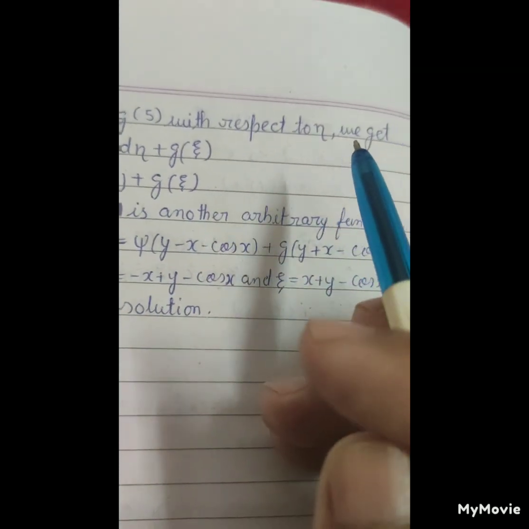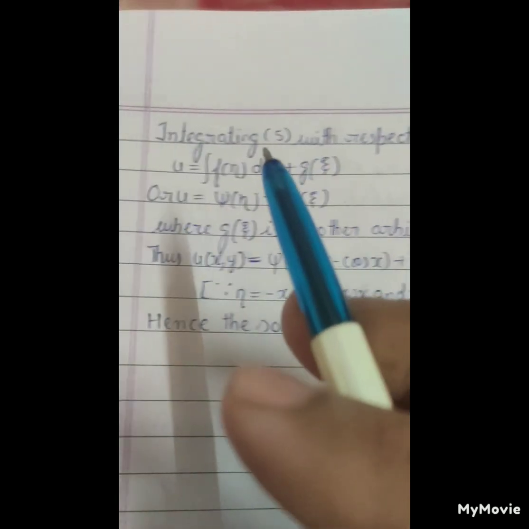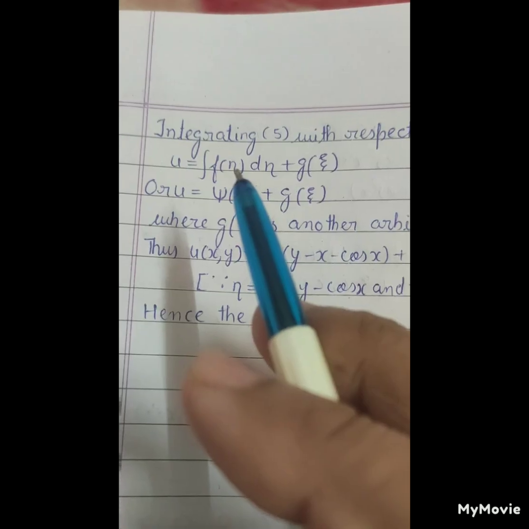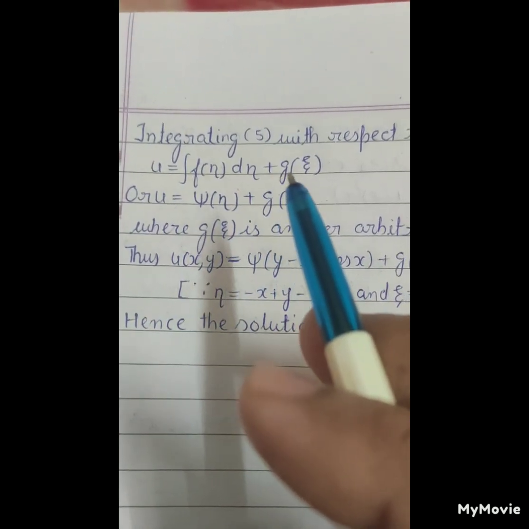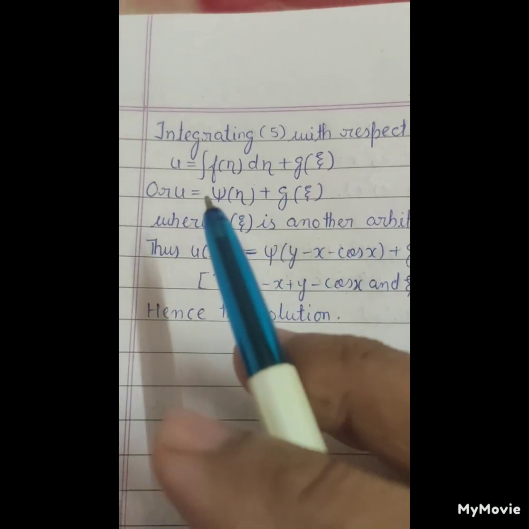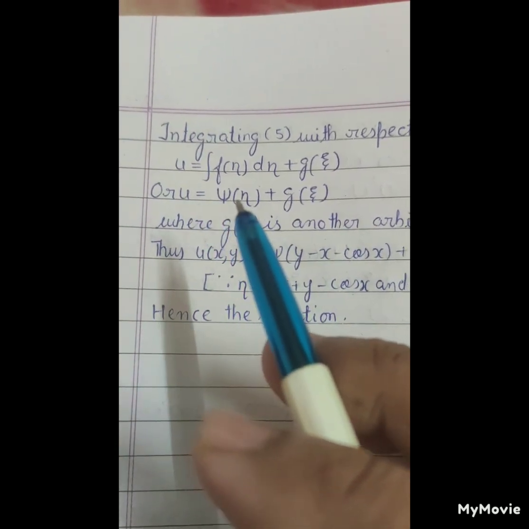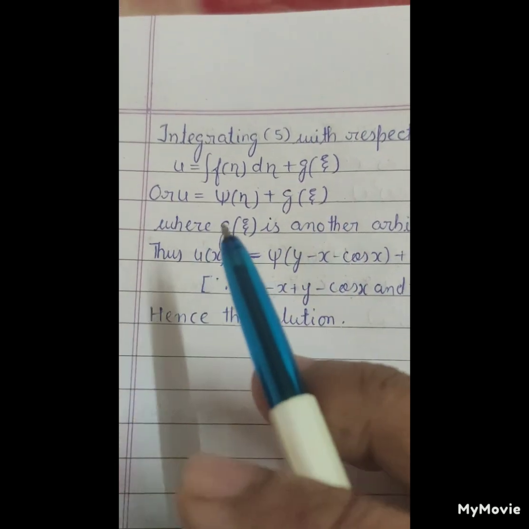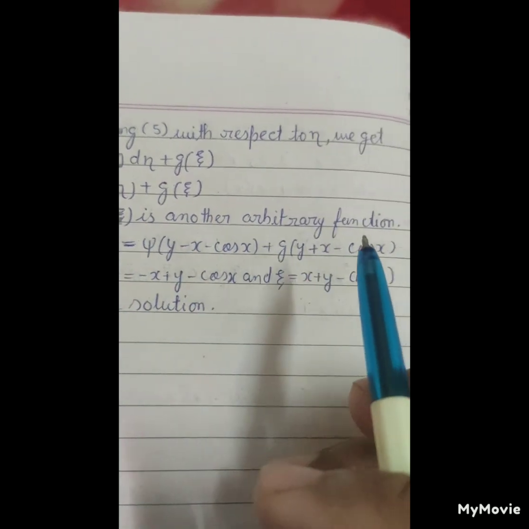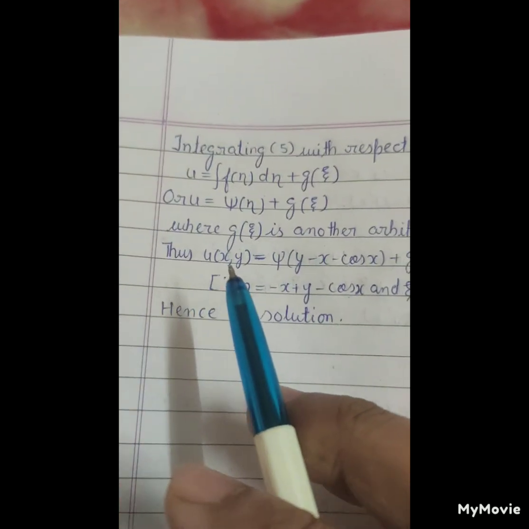Integrating 5 with respect to η, we get u equals to the integral of f(η) dη plus g(ξ), or u equals to ψ(η) + g(ξ), where g(ξ) is another arbitrary function.